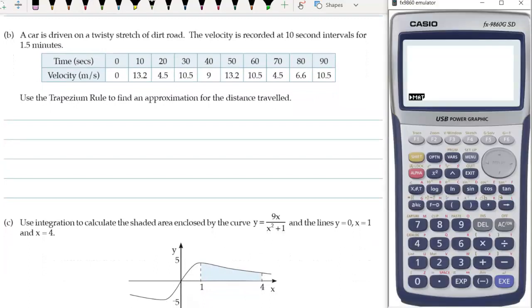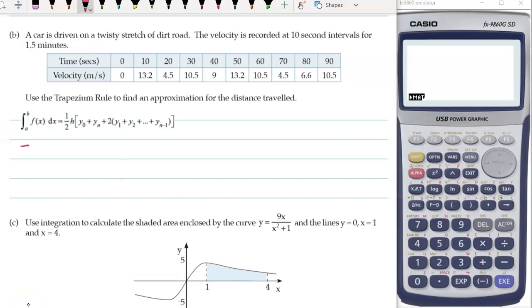Okay, we're going to need our calculator for the trapezium rule. Again, look that up on your formula sheet. I'm just going to pause and write down the pieces of that. So there's that formula. We have half of h. h is the gap between these numbers here. So that's a gap of 10. So half of h is 5. Then we take the first y value, just here, plus the last y value, plus 2 times all of the other ones.